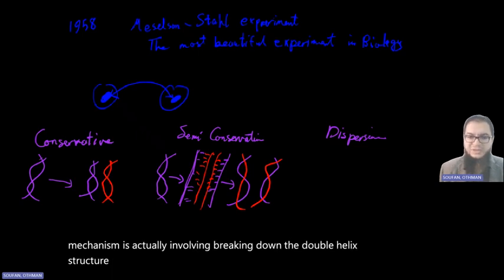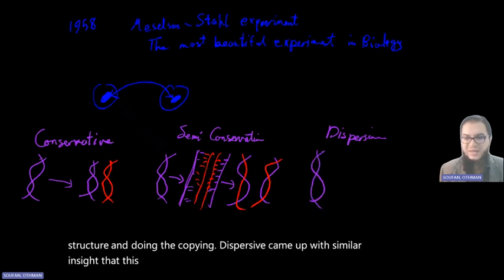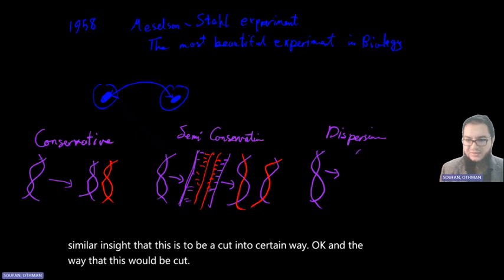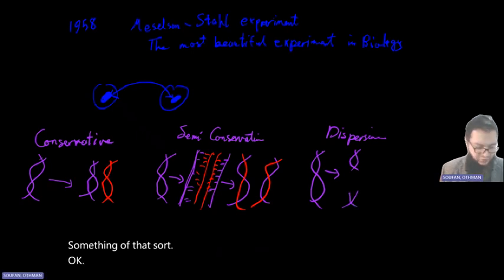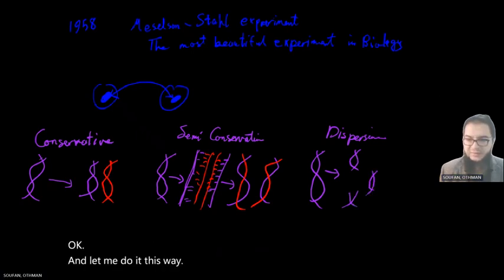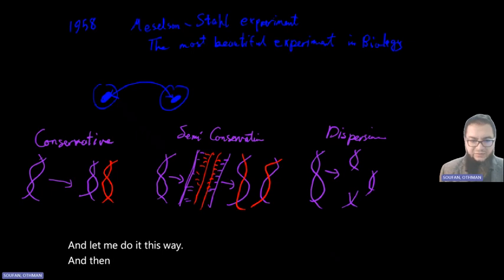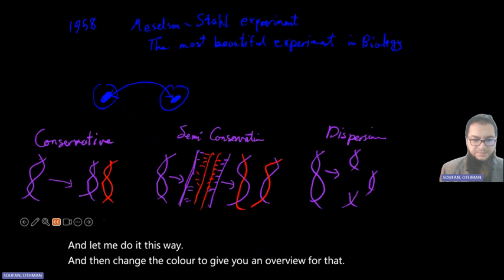Dispersive came up with a similar insight, that this is to be cut in a certain way, something of that sort. Let me do it this way, and then change the color to give you an overview for that.